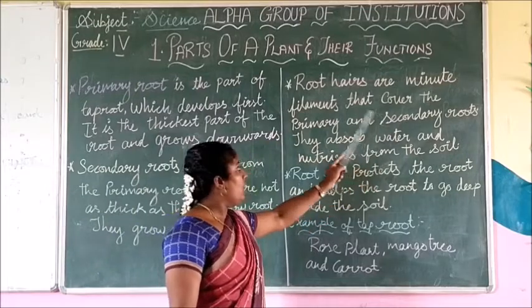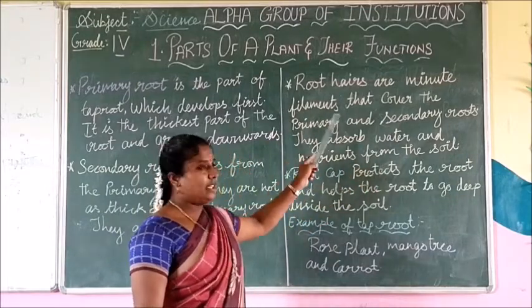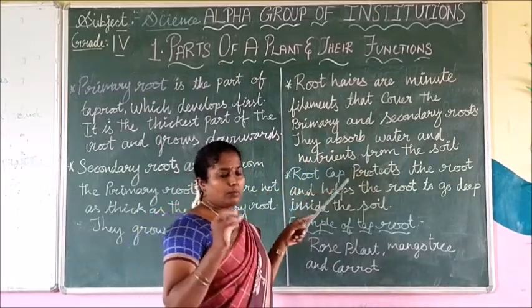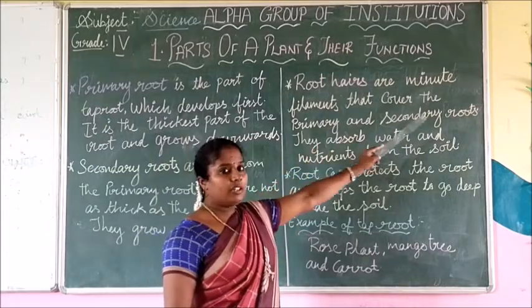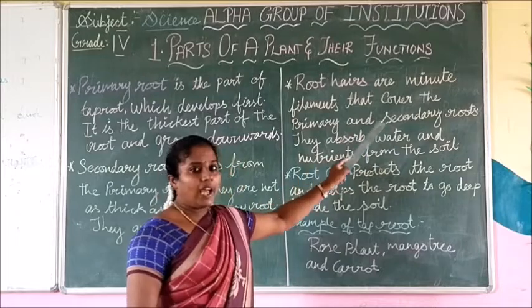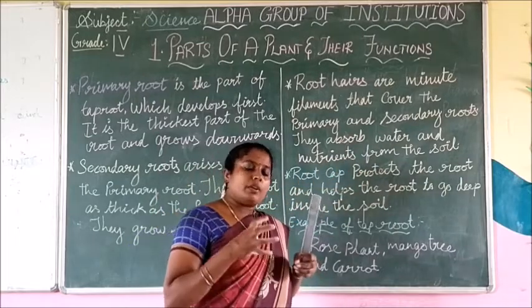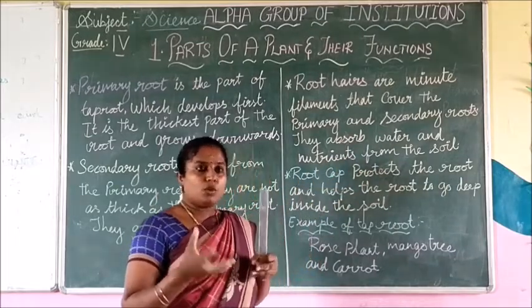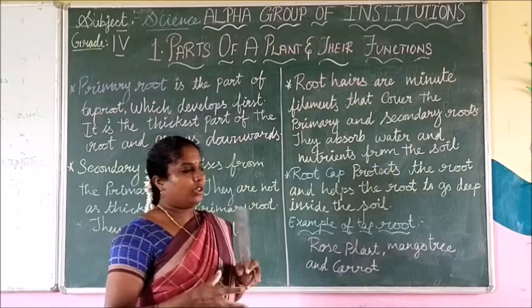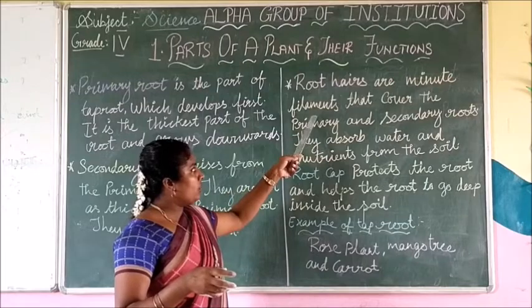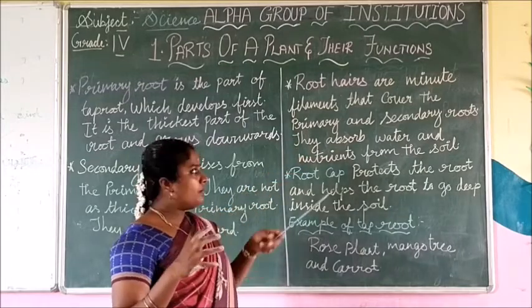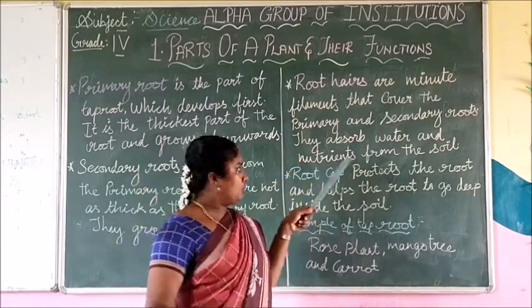Next, root hairs. Root hairs are very minute filaments that cover the primary and secondary roots. The root hairs are present on both primary and secondary roots.